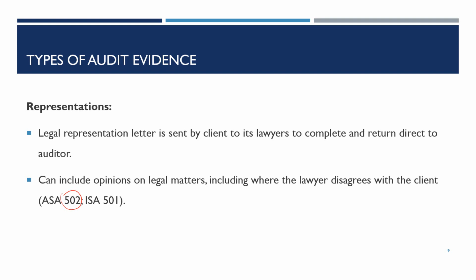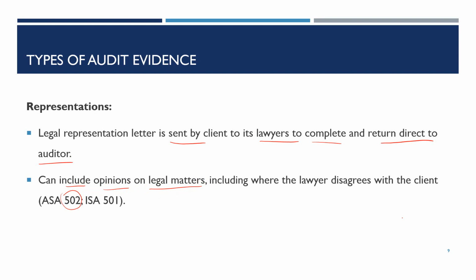A legal representation letter is generally sent by the client to its lawyers, asking them to complete the representation letter and send it directly to the auditor. A legal representation letter can include any legal matters involving the client, the lawyer's opinion on the client's description of any outstanding legal matters, and whether the client's evaluation of those matters appears reasonable.